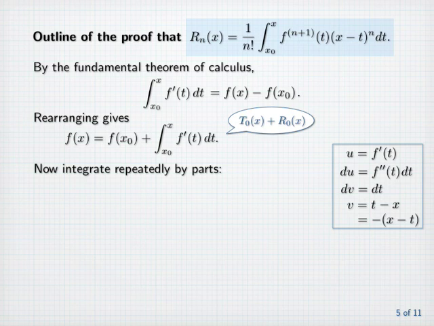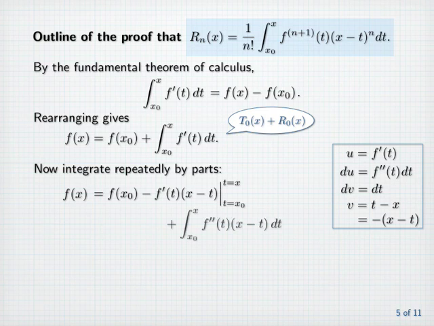And so integration by parts tells us that the integral from x0 to x of f prime of t dt is equal to u times v evaluated between t equals x0 and t equals x, which is minus f prime of t times x minus t evaluated between x0 and x, minus the integral of v du, which here is plus the integral from x0 to x of f double prime of t times x minus t dt.